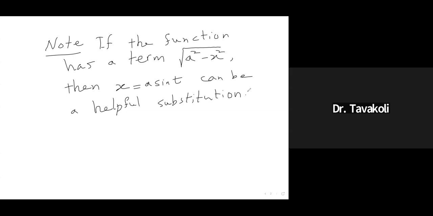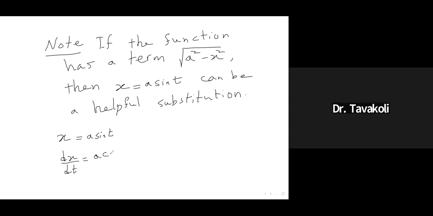Now, when I let x be a sine t, x is a function of t, although x is the variable of the problem, but on its own, it's a function of t, and a is a constant here. So what is the derivative of x with respect to t?